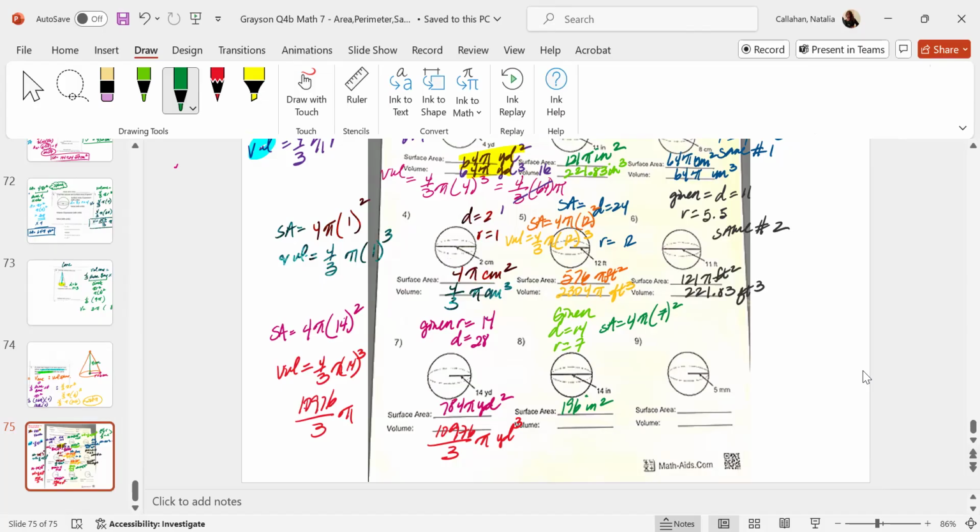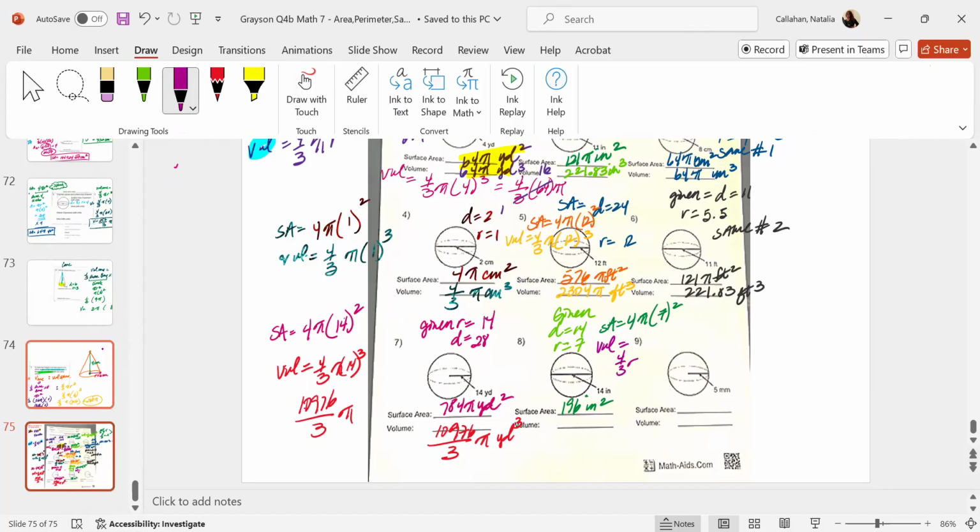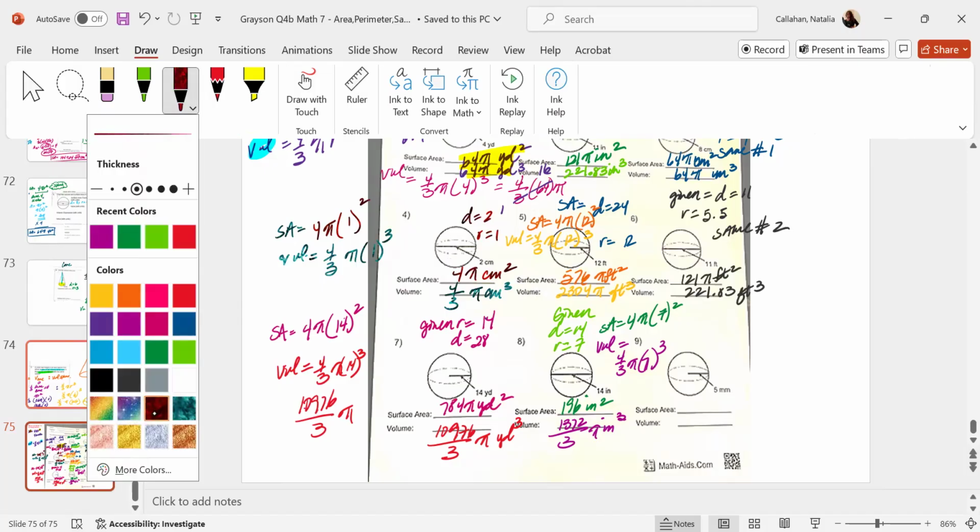Okay, then look at the volume. The volume is going to be 4/3 pi radius 7 cubed. You can use your own calculator if you need to. 1372. For number 9, what's given to you?